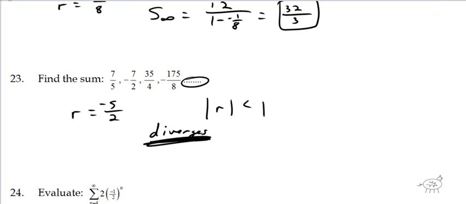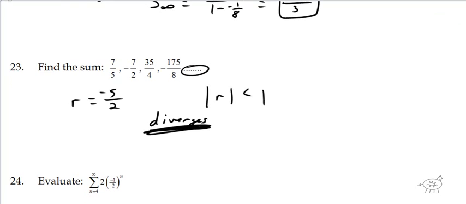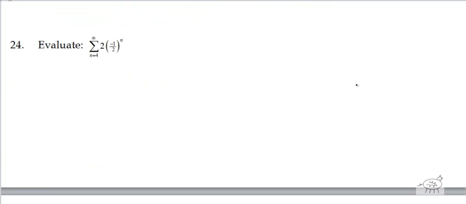Okay, let's move on to the next one here. Okay, so this is an evaluate a geometric series. Just because you have an infinity here, you got to know that, right? And so what we need is, since it's infinite, we need a sub 1 and we need r. Well, r is easy. It's -1/2. That's right there. And then a sub 1, well, you plug in the 4, right?